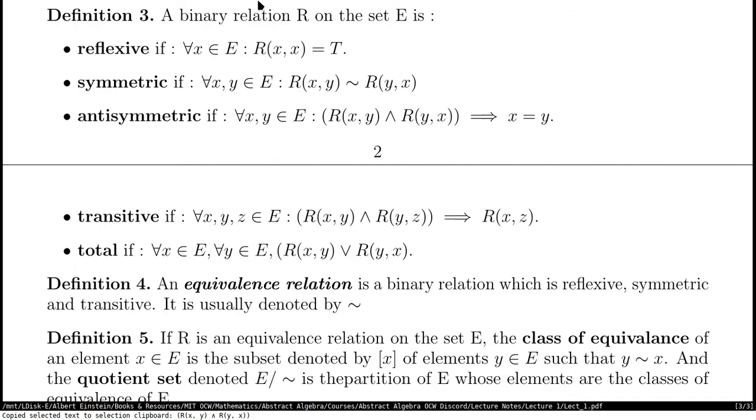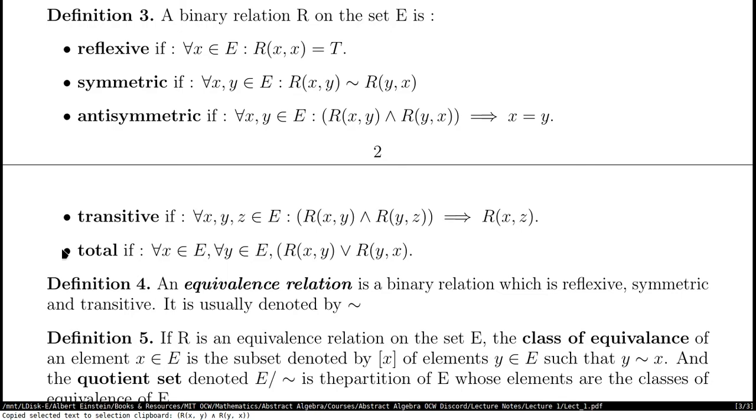So that's transitivity. And a binary relation is total if, again, you have x and y, but for all x and y, either R(x,y) is true or R(y,x) is true. So both of them cannot be true at the same time, right?